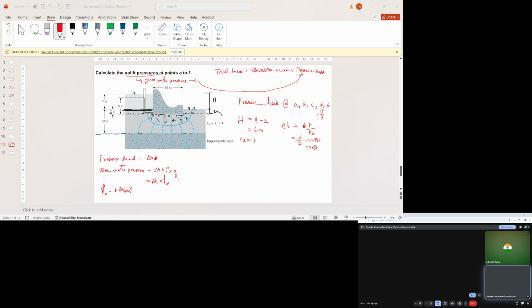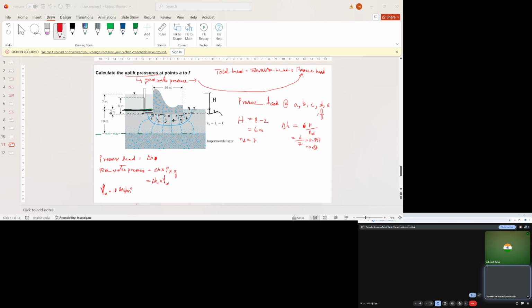So the pressure is 8 minus 0.86, which is 7.14. So uplift pressure at A is 71.4 kPa. Similarly, calculate for B, C, D, E, and F, and let me know.